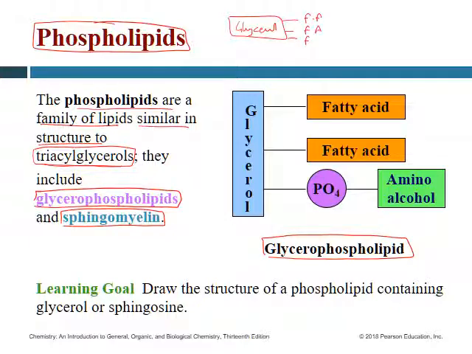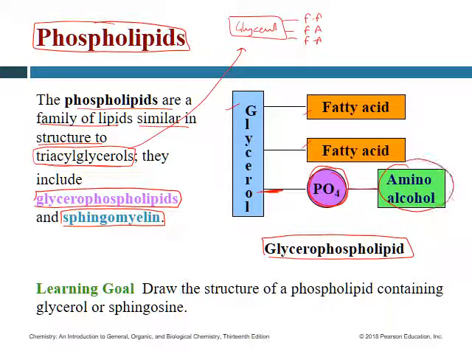This is our triacylglycerol. But in glycerophospholipid, you will see glycerol with 2 fatty acids attached to 2 OH groups of the glycerol, but the third hydroxyl group of the glycerol doesn't have a third fatty acid. It's replaced by a phosphate group, and that phosphate group is attached to an amino alcohol.